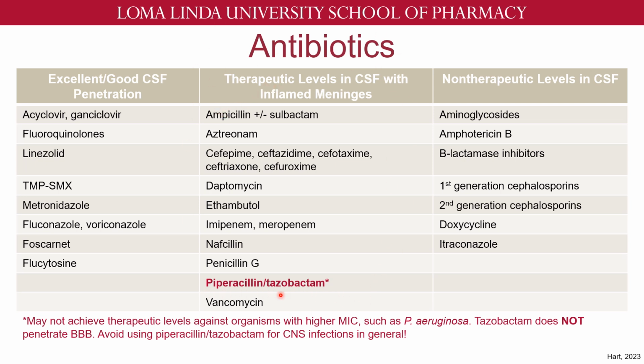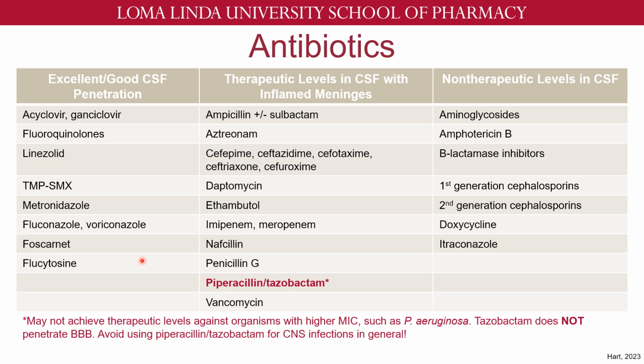However, there are some important caveats to remember. And so the big one I want you to remember is Zosyn. You will see a lot of providers try to prescribe Zosyn for a CNS infection. However, you may not achieve therapeutic levels, especially in organisms that have a higher MIC to Zosyn, such as Pseudomonas. And then tazobactam as well, the part that restores some of piperacillin's activity against some of the organisms, may not even penetrate the blood-brain barrier.